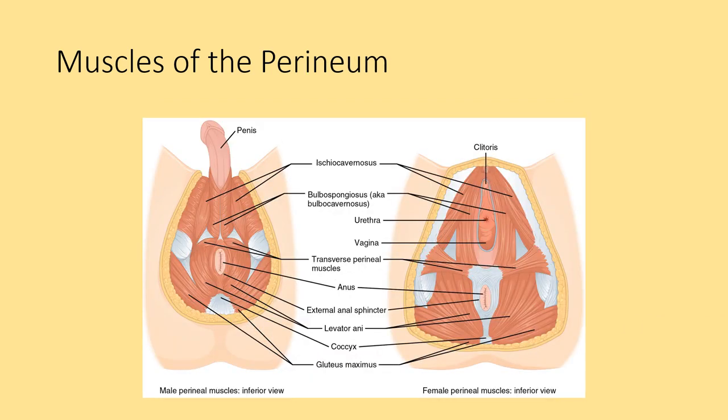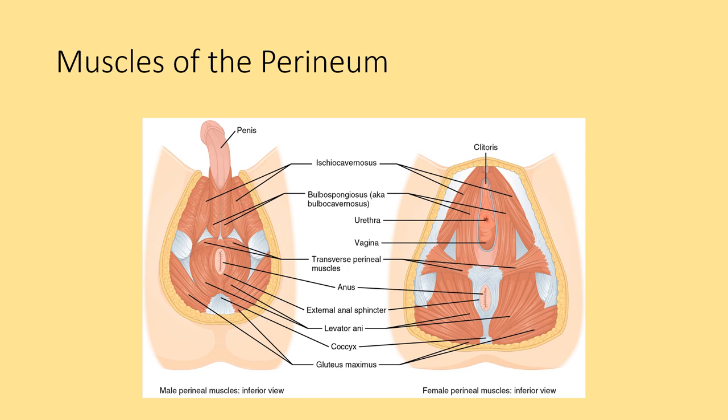Some of those muscles, especially for women as they get older, and especially if they have had multiple pregnancies or very large newborns, can often weaken, and that can cause some additional problems and issues later in life for them.